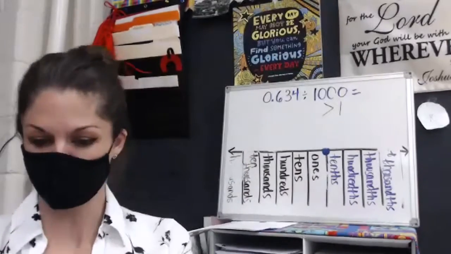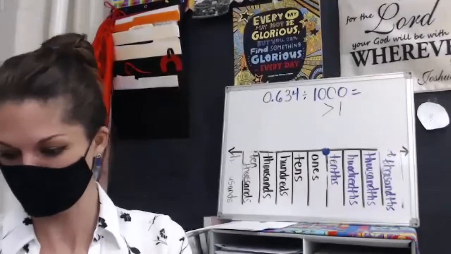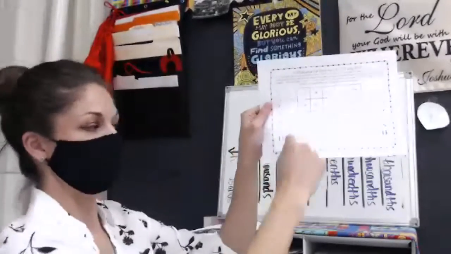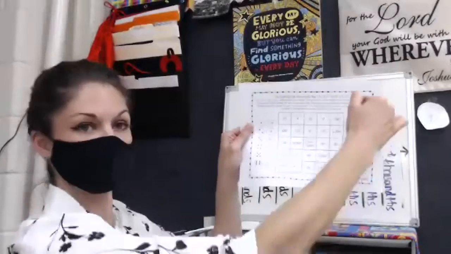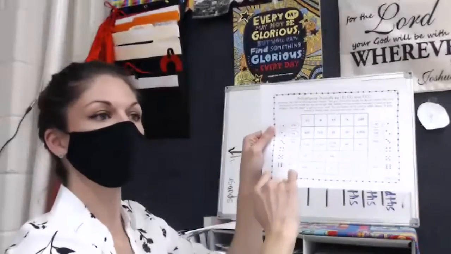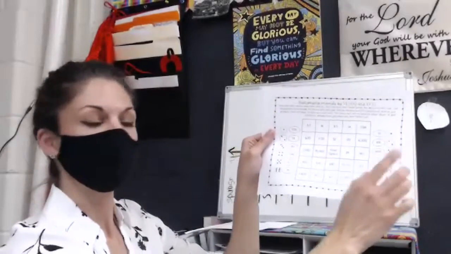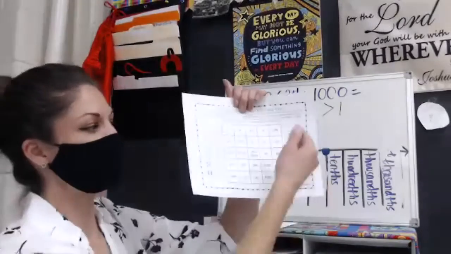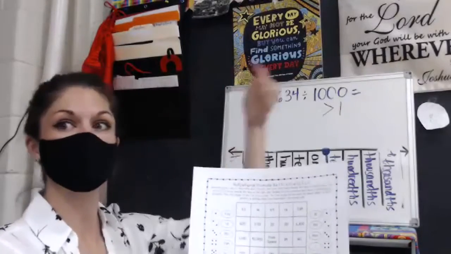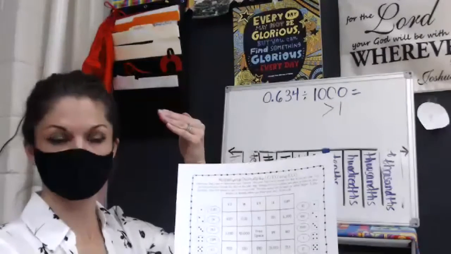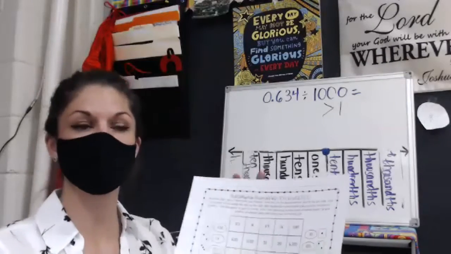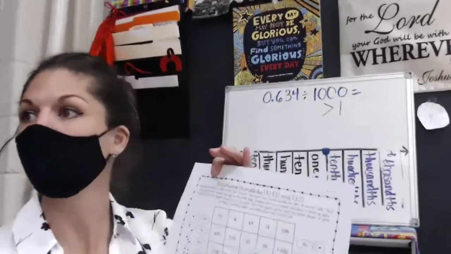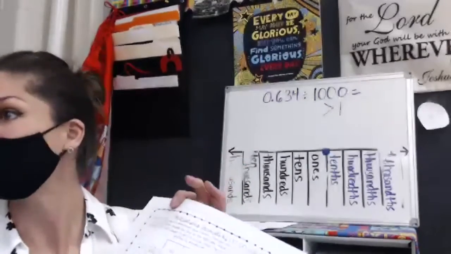On this game that we're gonna play, you're gonna see that you have a bingo board with numbers and then powers of 10. I'm gonna roll 2 dice. It will give us a number to place on the place value chart and then a power of 10 to apply to it. Does that make sense? Yeah. So we're gonna see where that number happens to land based on what power of 10 we've multiplied it by.